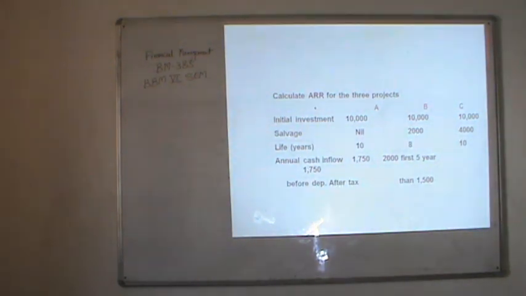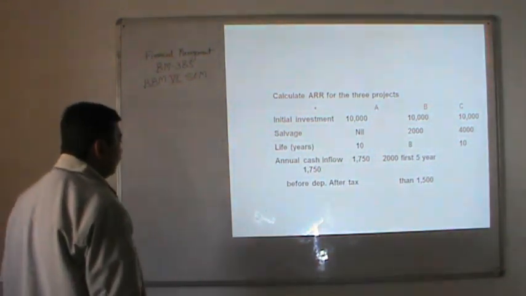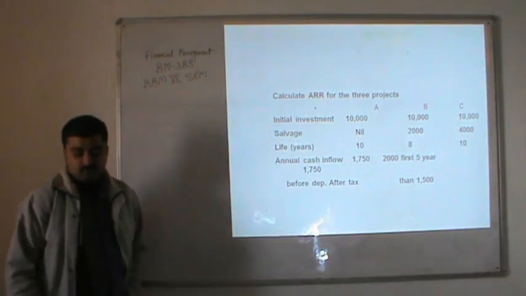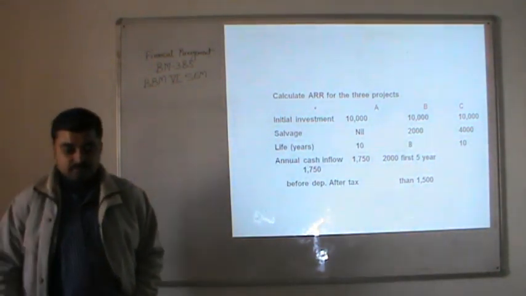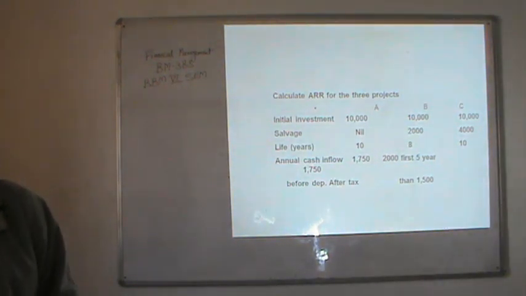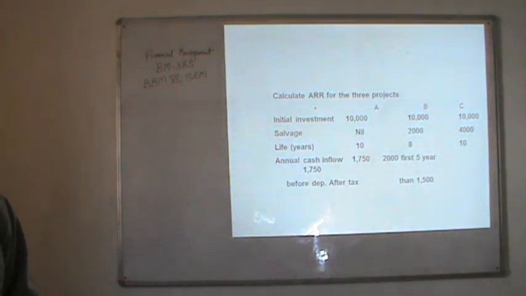So now we will check how we calculate the accounting rate of return for a project. We have 3 projects, and in these 3 projects we will be checking what the ARR will be.